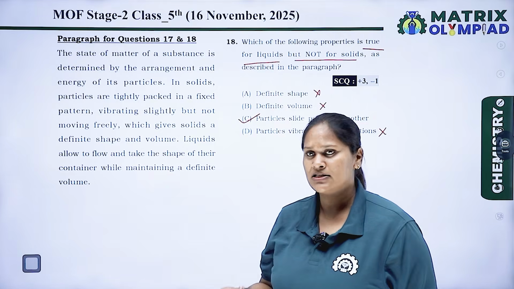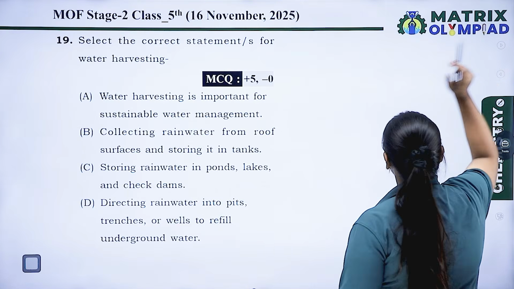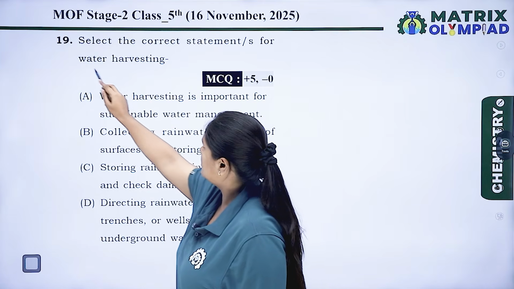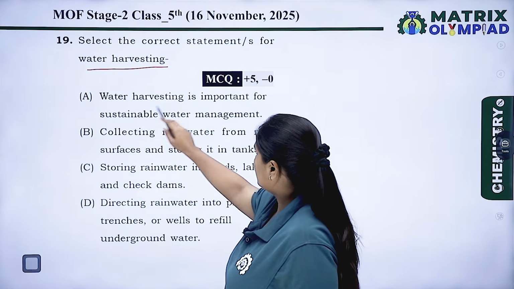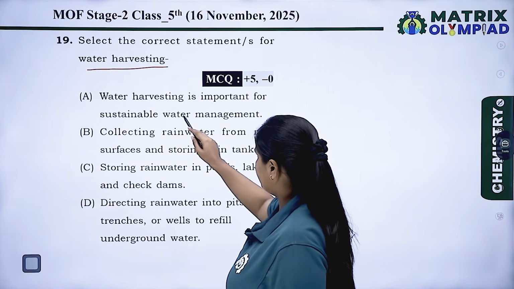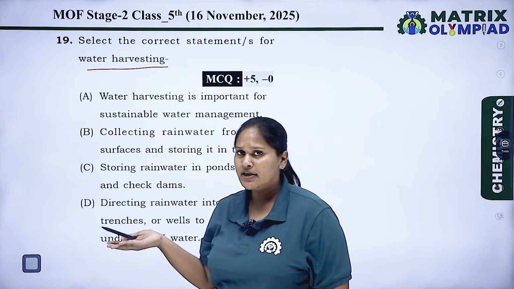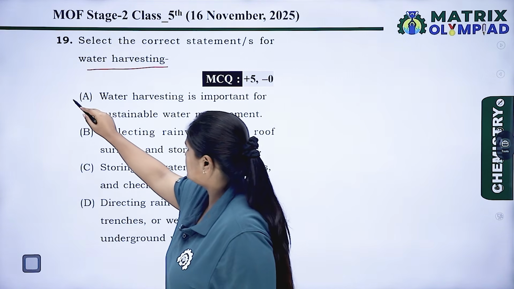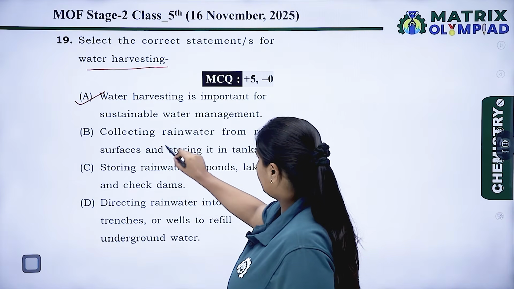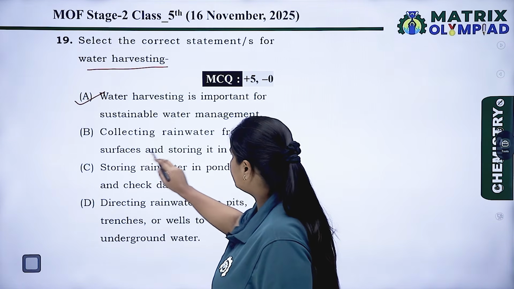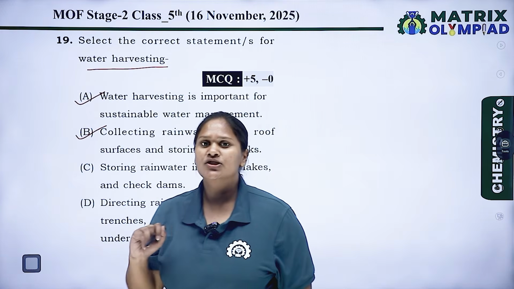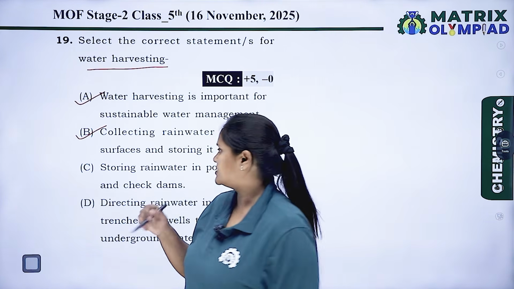Now come to the next question. Select the correct statement for water harvesting. Water harvesting is important for sustainable water management, right? Water harvesting is used for water management. So this statement is correct. Collecting rainwater from roof surfaces and storing it in tanks, right? This is the technique used in rainwater harvesting.